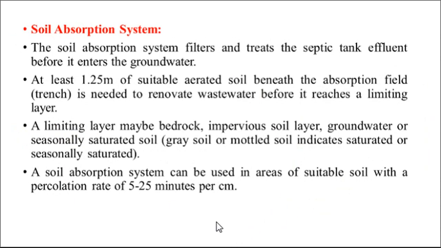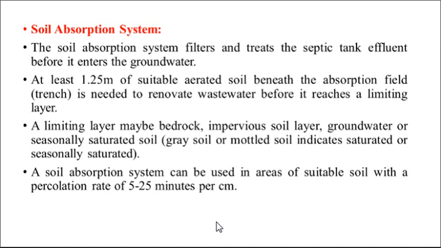Next, soil absorption system. The soil absorption system filters and treats the septic tank effluent before it reaches the groundwater. At least 1.25 meters of suitable aerated soil beneath the absorption field is needed to renovate the wastewater before it reaches a limiting layer.